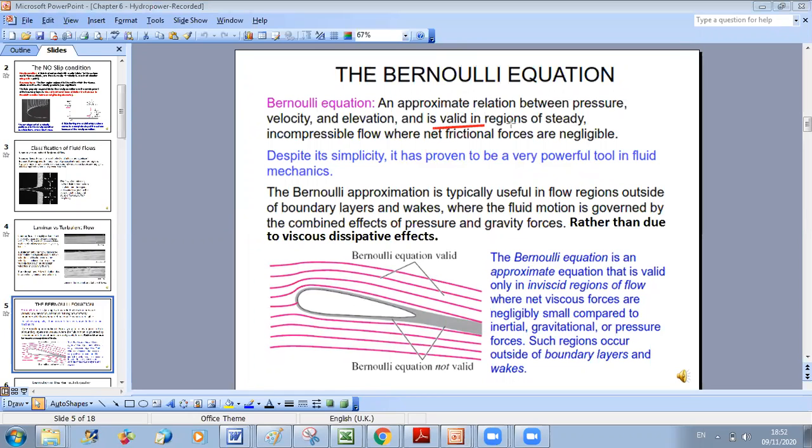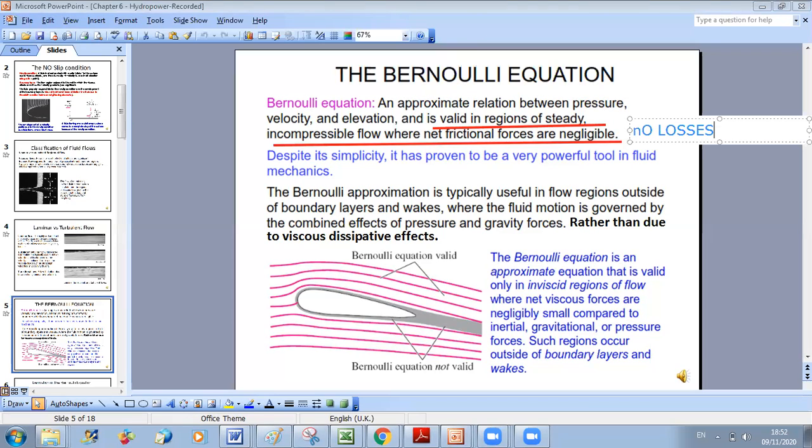It is valid only in regions of steady, incompressible flow where there are no frictional forces, or the frictional forces are negligible. So no losses. It's equivalent, if you want, to conservation of energy that you are familiar with.